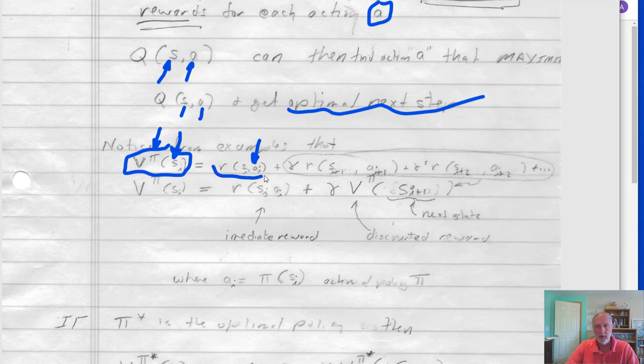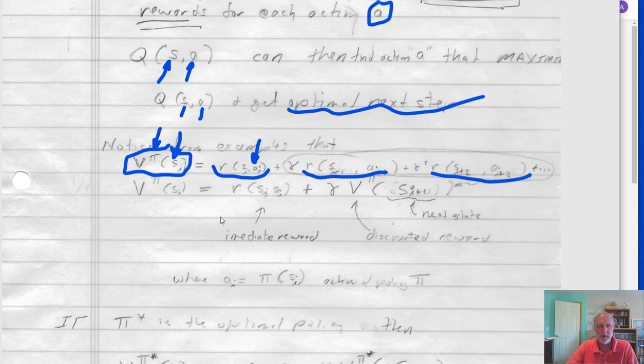So you collect the reward for doing that action out of this state, and then you get into the next state and you keep following the policy pi forward and collect the rewards going forward till you get to the goal, and you discount those.